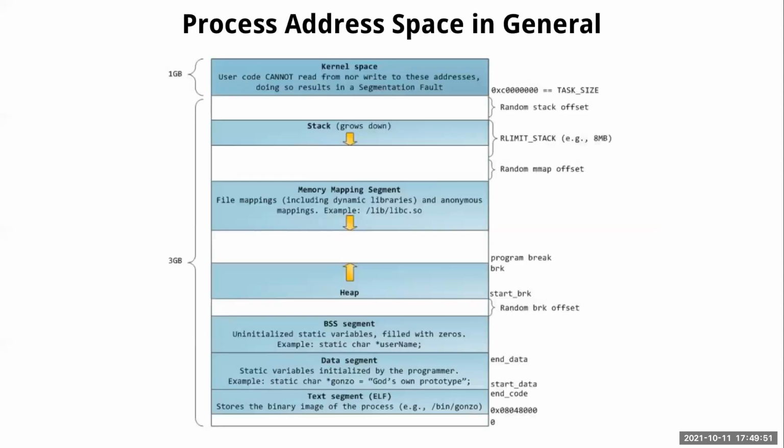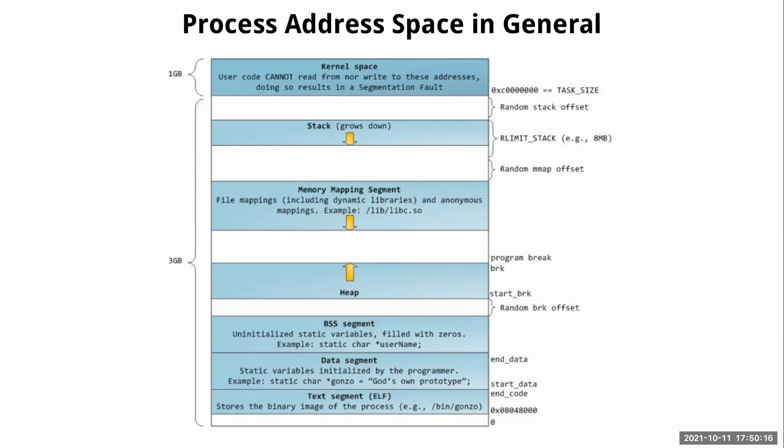If you remember this picture from the first class, this is in general the address space of a Linux process. We have the text segments, data segments, uninitialized global variables. Then the heap goes up. We have those libraries, like the C libraries, in the memory mapped segments.